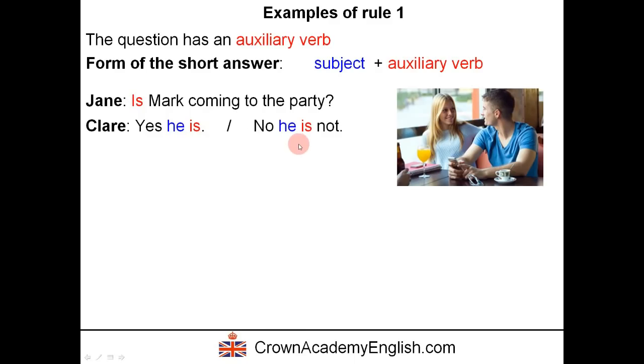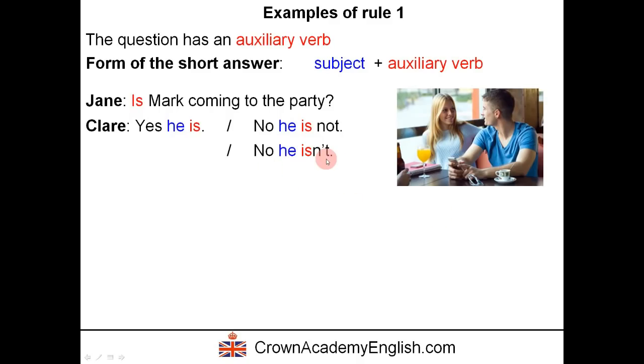Well, here is the full form. We say no, he is not. So this means no, he is not coming to the party. So we say no, then the subject, the auxiliary verb in the negative form. If it is no, then we can use the full form, and we can also use the contracted form.